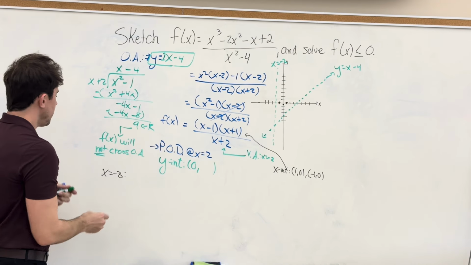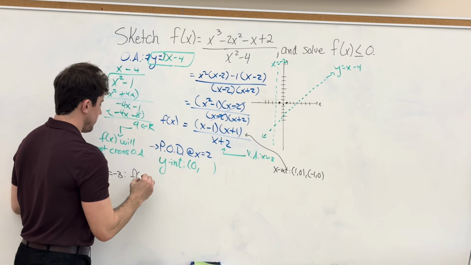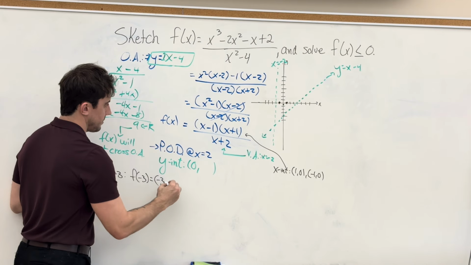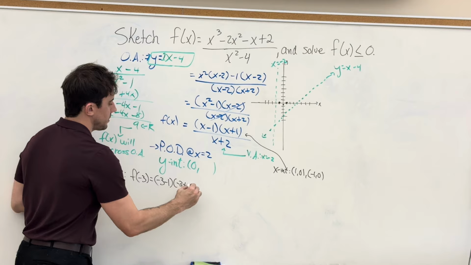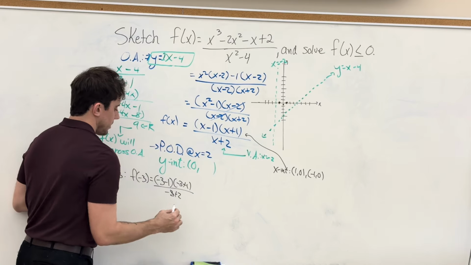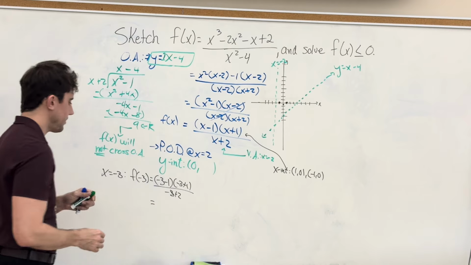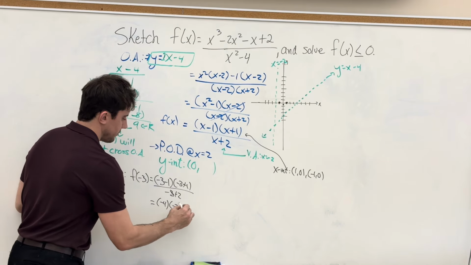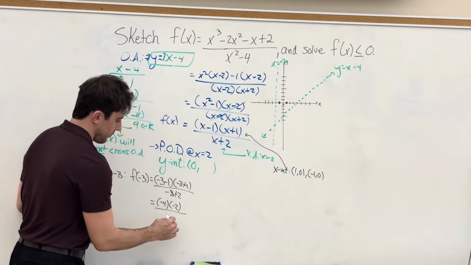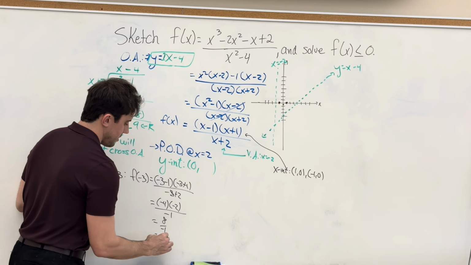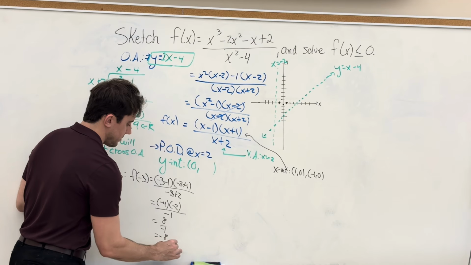This is much easier. And so that means f of -3 is going to be -3 minus 1 over -3 plus 1 all over -3 plus 2. I actually think it's going to work out to be a very nice value. So that's going to be -4 times -2 all over -1, which is 8 over -1, which is -8.